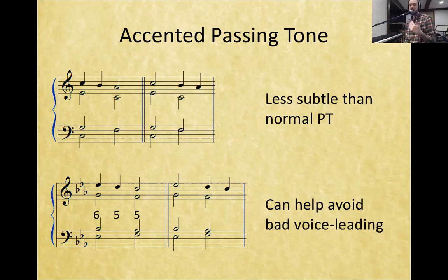So what happens, though, is you might see this and maybe notice this in your work and think, oh, crap, I wrote parallel fifths. I got to go back to the drawing board, start this over.